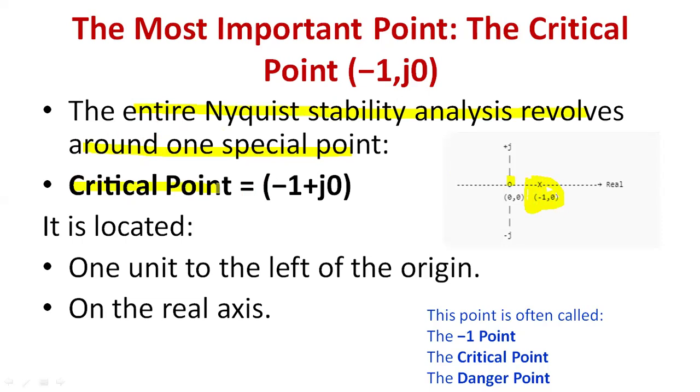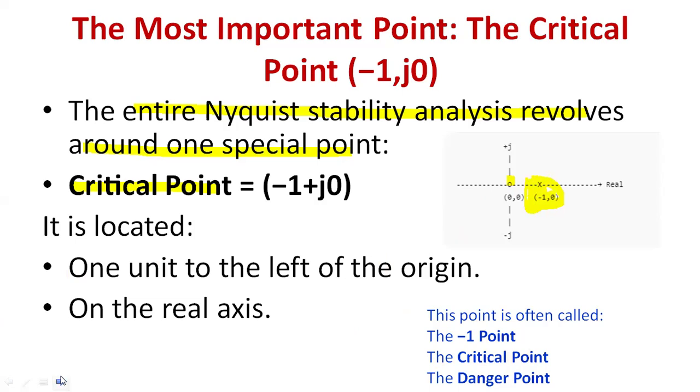If somebody asks what the critical point is, we can say it is minus 1 plus j0. You can locate this point on a simple complex plane: one unit to the left of the origin, on the real axis. The point is often called the critical point or minus 1 point, also known as the danger point. Based upon the critical point, we get more information about the stability.